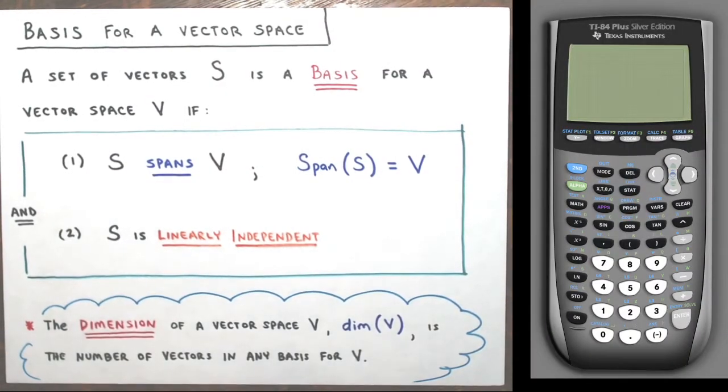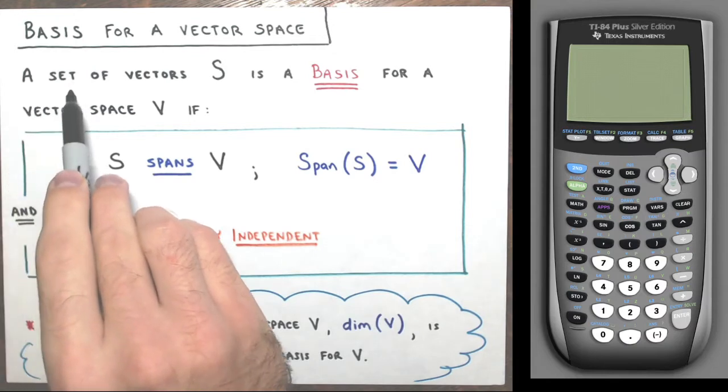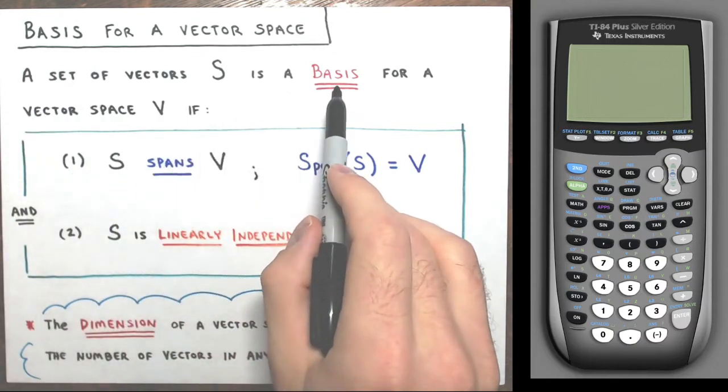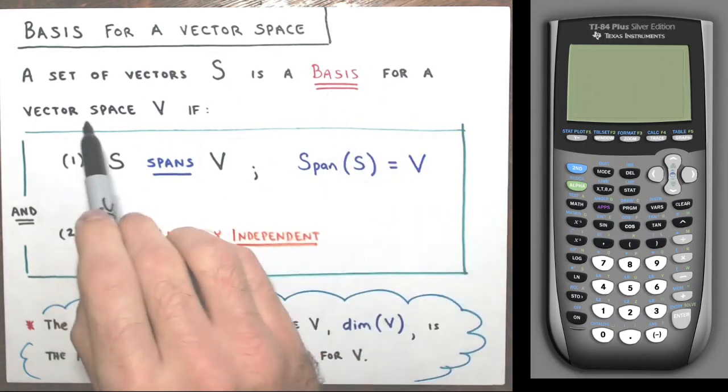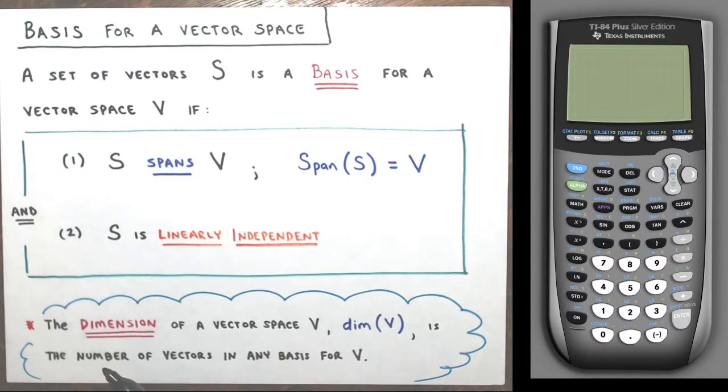So you've seen this before, hopefully, if you've been watching my videos. If not, here it is. Here's the definition of what it means for a set of vectors to be a basis for a vector space. A set of vectors, we'll call S, is a basis for a vector space V if the following two things hold.